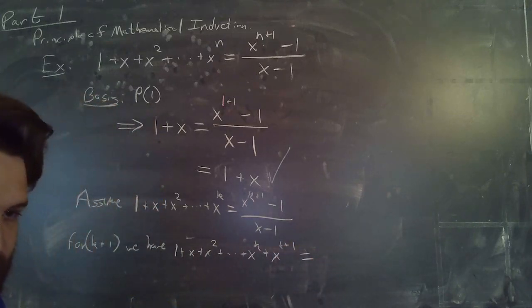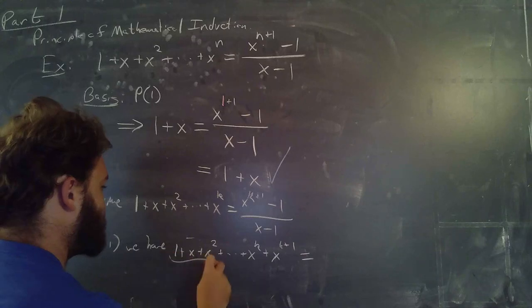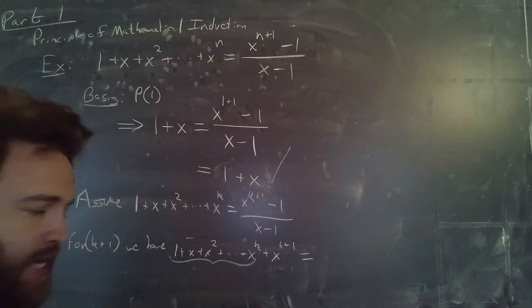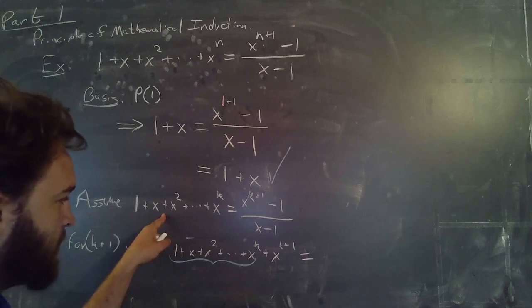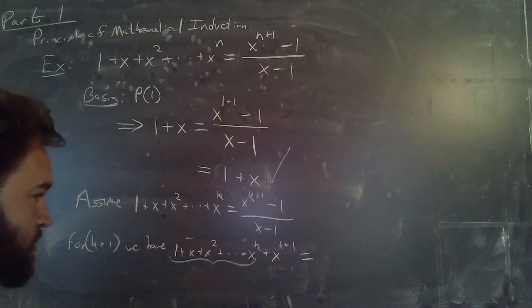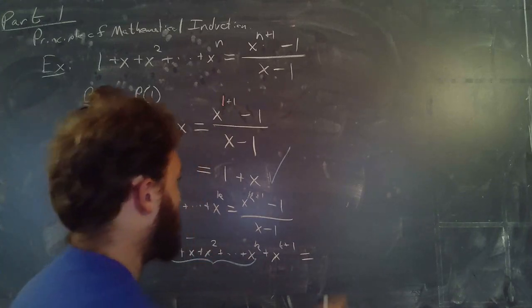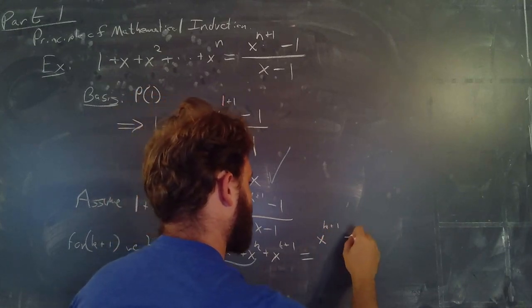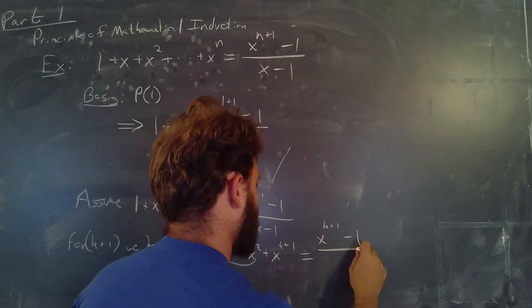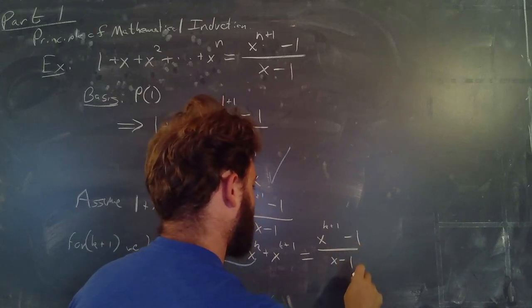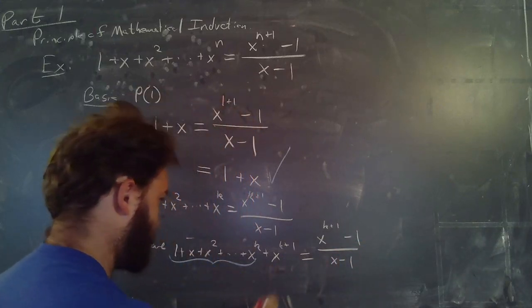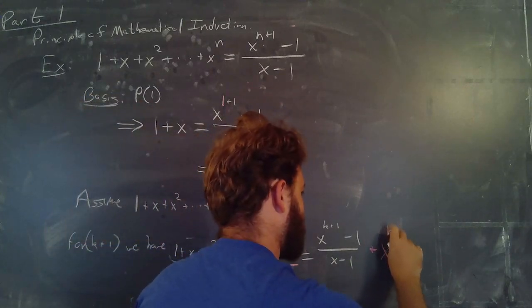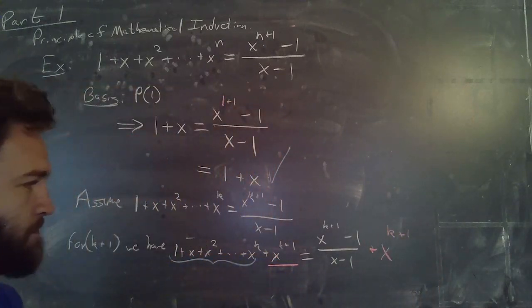Now notice here that this portion of our statement that we're trying to show is the same as our assumption. So we can substitute this blue underlined stuff with x to the power k plus 1 minus 1 over x minus 1, and then we have this added little piece on the end where we're supposed to add x to the power k plus 1.